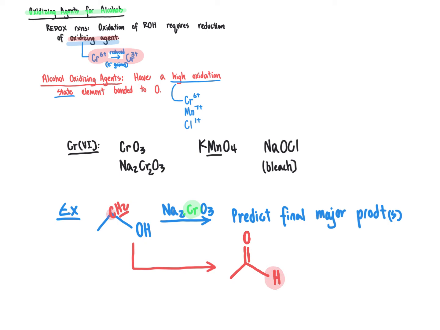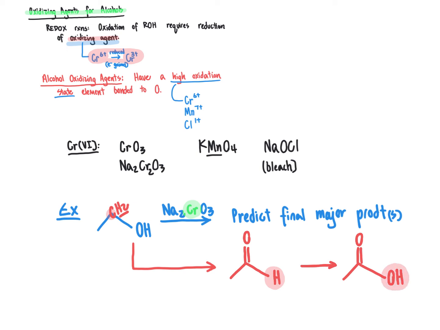The reactive carbon is the one that's bonded to the hydroxy group to start with. And so we can further oxidize from there to convert into the carboxylic acid. So we're following the general template that primary alcohols get oxidized into aldehydes, and then aldehydes get further oxidized to give us the carboxylic acid product. So we've made another carbon-oxygen bond right here.